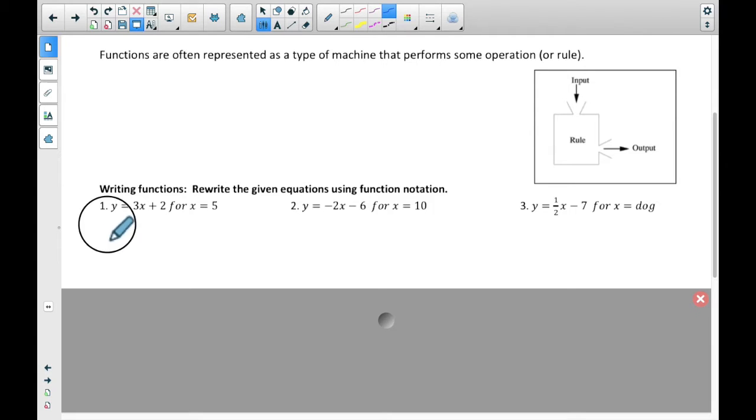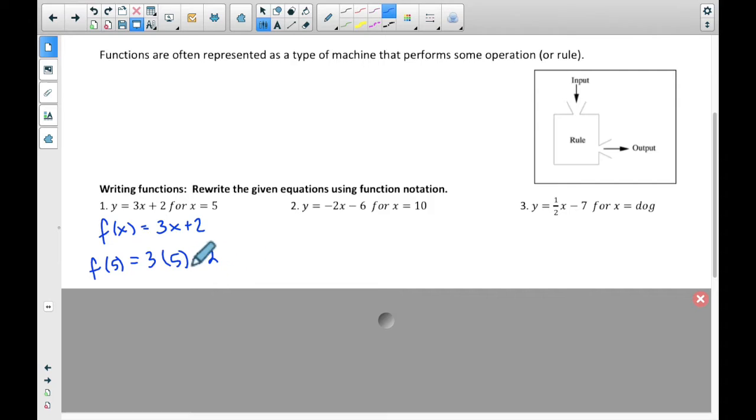One thing is we could just say f of x is equal to 3x plus 2. But then this x equals 5 business, what that means is we can plug in a 5. And so we can say f of 5 is 3 times 5 plus 2.